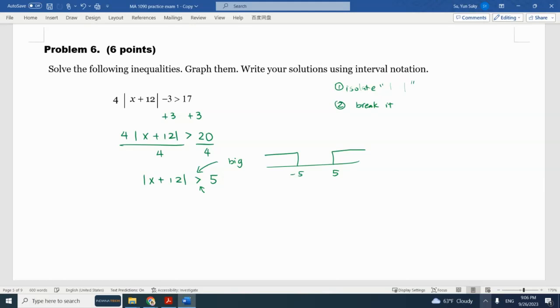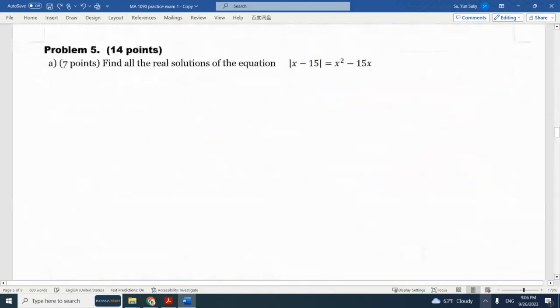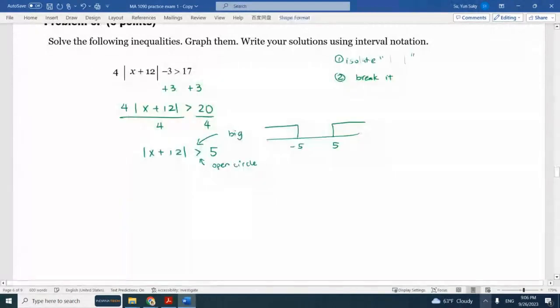And because this does not have the equal sign, you put an open circle. Open circle, you see the picture?